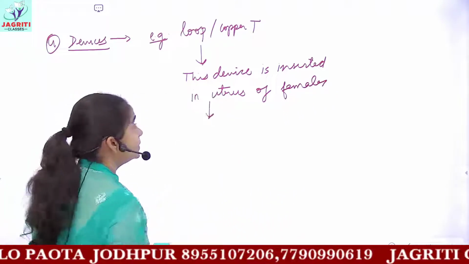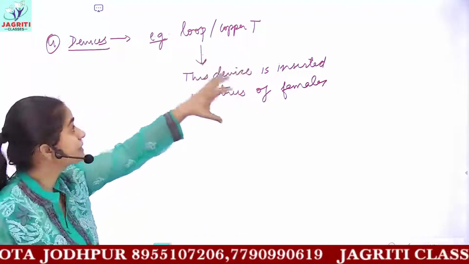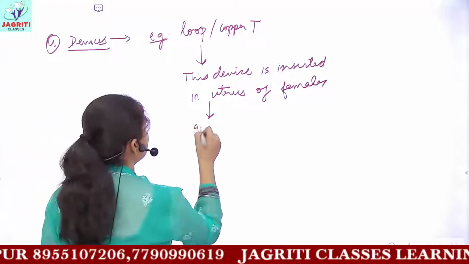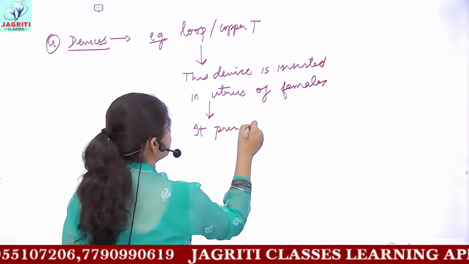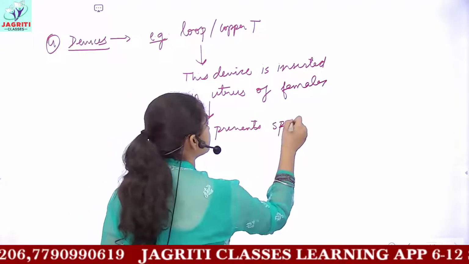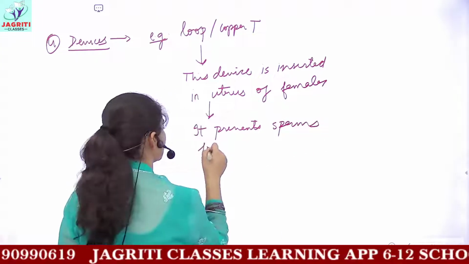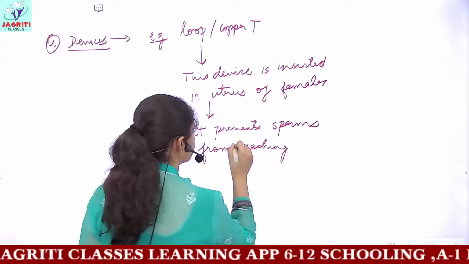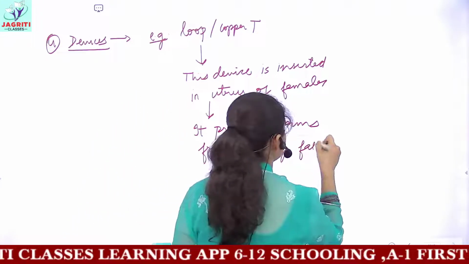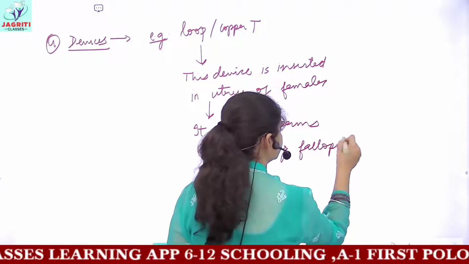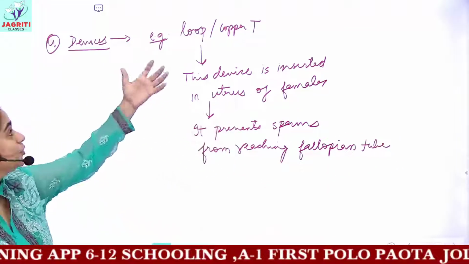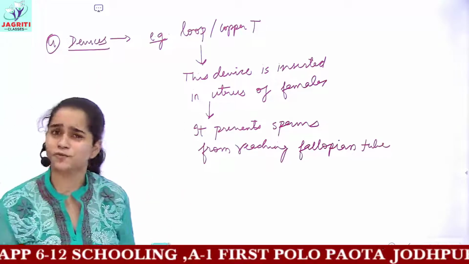When inserted, it does not allow the entry of sperms, so it prevents the sperms from reaching the fallopian tube. And when the sperms cannot reach the fallopian tube, no fertilization or fusion can occur.